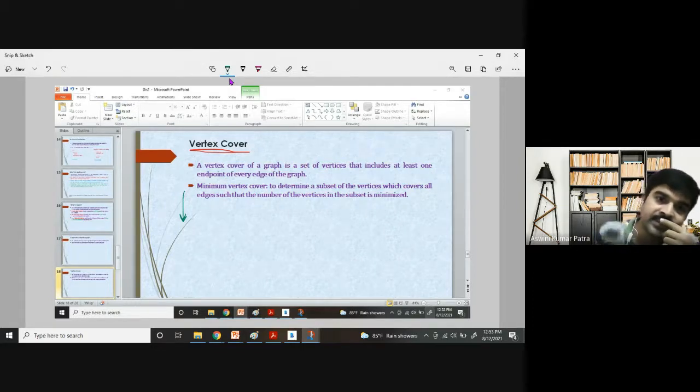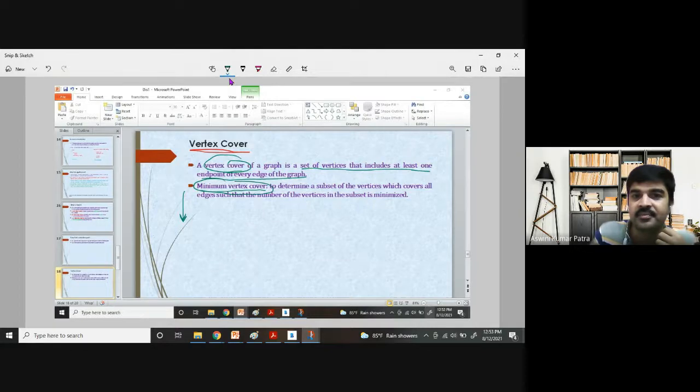A vertex cover is a set of vertices that includes at least one endpoint of every edge of the graph. And it has a minimum problem also, just like spanning tree. We defined spanning tree, talked about an application, and we also redefined it and talked about another application called minimum spanning tree. Similarly, it's a vertex cover, and we can have a minimum vertex cover also.